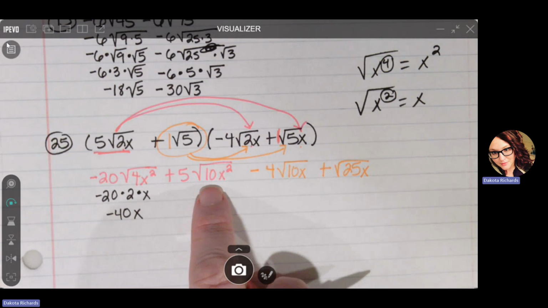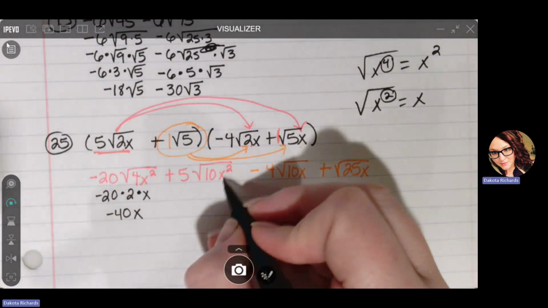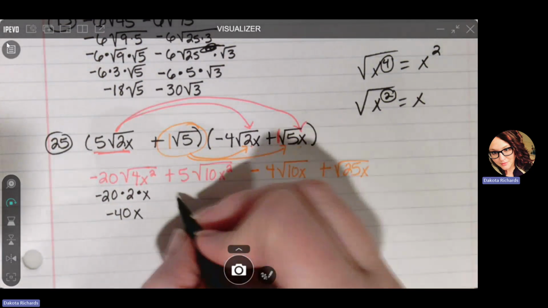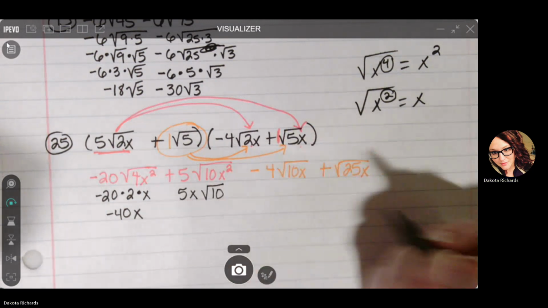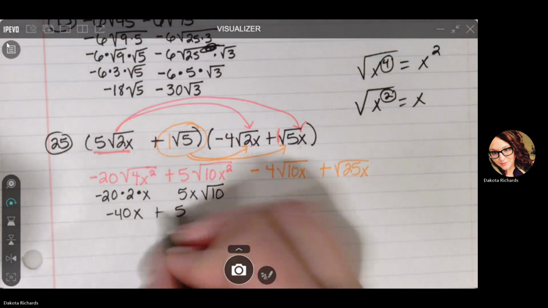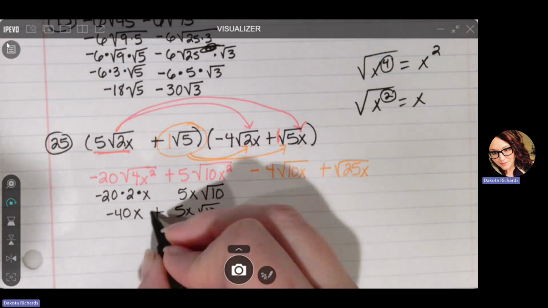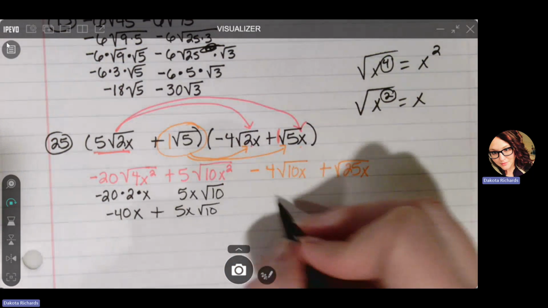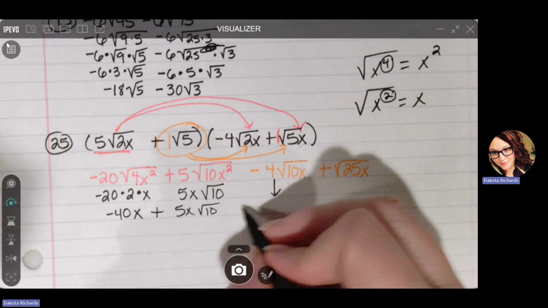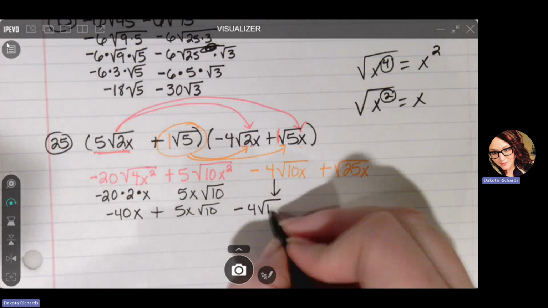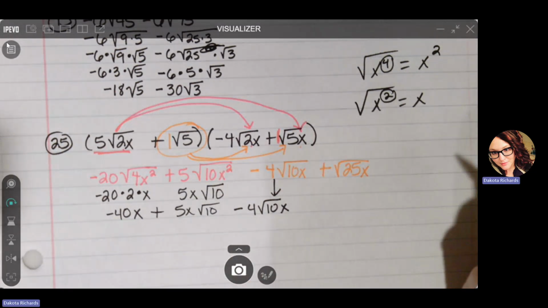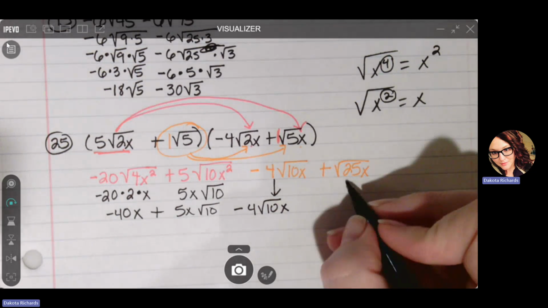Next, 10. There is no perfect square that fits in a 10, but the square root of x squared is x. So this is going to be 5x on the square root of 10. Okay. And then here, this just comes down. We can't simplify that one. -4 square root 10x. And then here, the square root of 25 is 5.